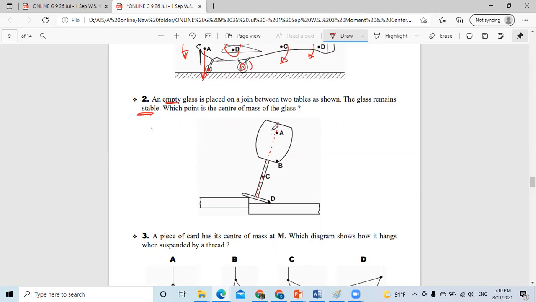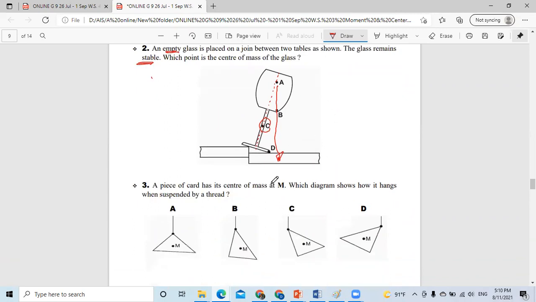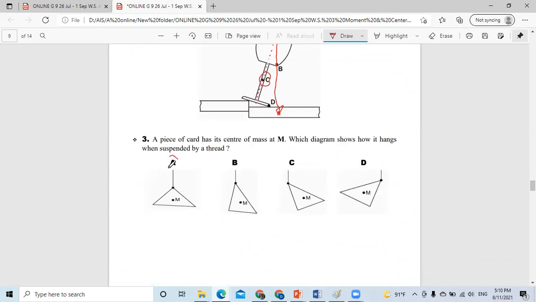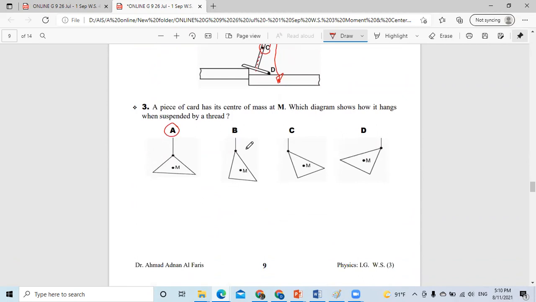Now if the center of mass is A, that means the weight acts outside the base area, so it will fall down. So which one is the answer? The answer is C. Yes, C is the point where the center of mass is. Whenever we put more liquid here, the center of mass will go a little bit higher. Maybe it will finally fall down. And here we answered before, the answer was A.